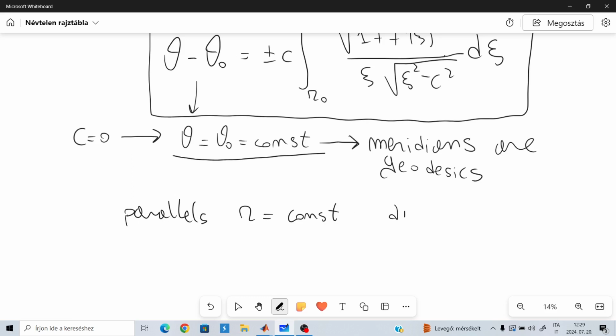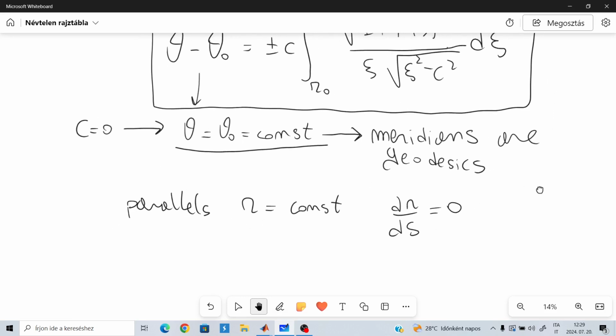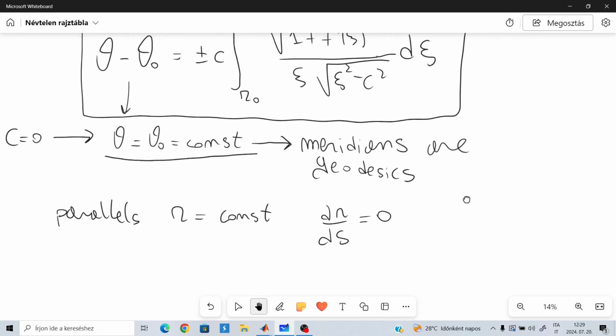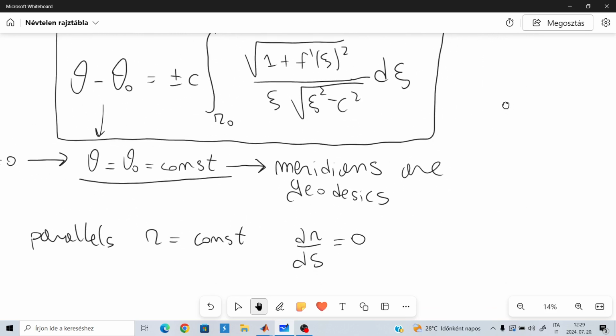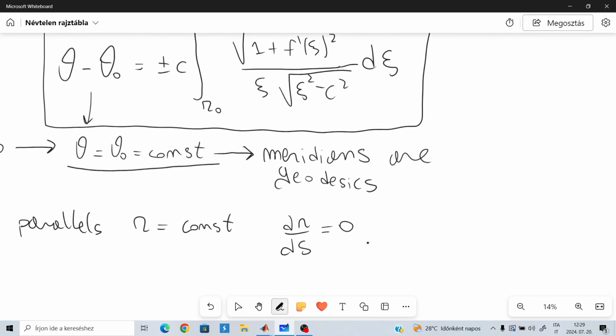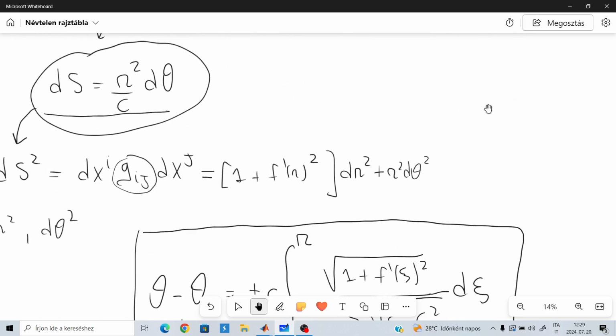So we want dr over ds equal to 0. But in general, they are not really geodesics, because if dr is equal to 0, so r is a constant, we don't get geodesics.